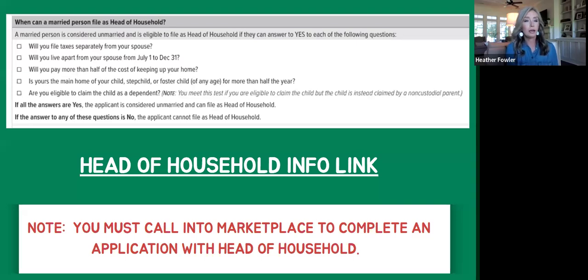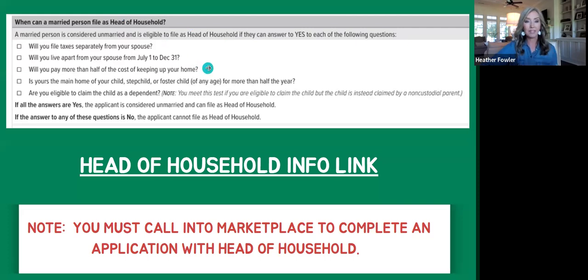When a person is married, if they can meet these qualifications, if they can answer yes to all of these questions, then they can file as head of household, and they do not have to file jointly. Okay. So will you file taxes separately from your spouse? Will you live apart from your spouse from July 1 to December 31st?